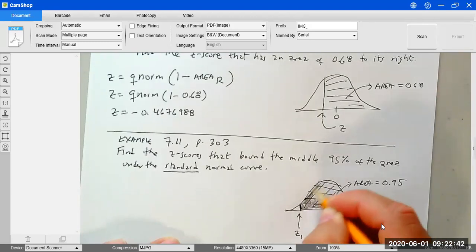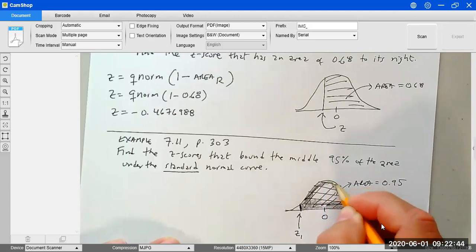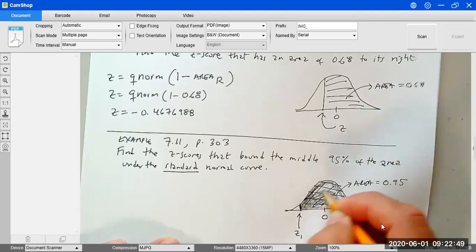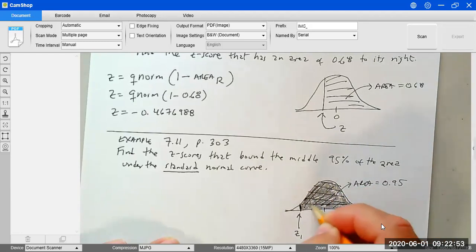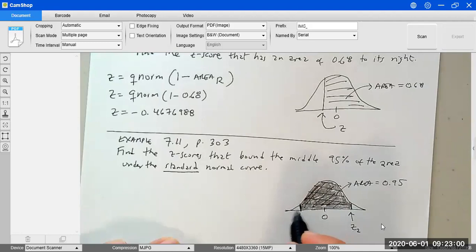So this is the dark area. That's what is 95% of the total area. I'm doing this for you to see the little pieces that are not dark. There are two pieces here. So this little portion here under the right tail, and the little portion under the left tail.